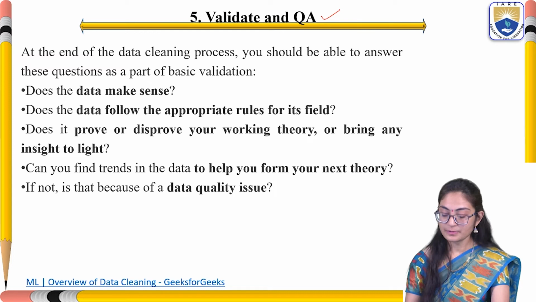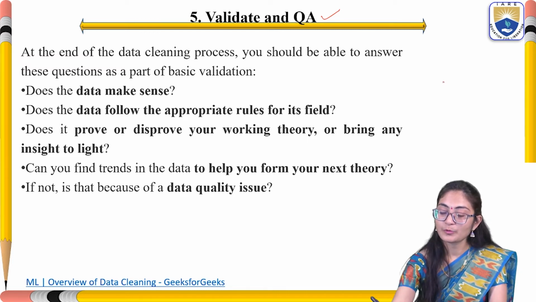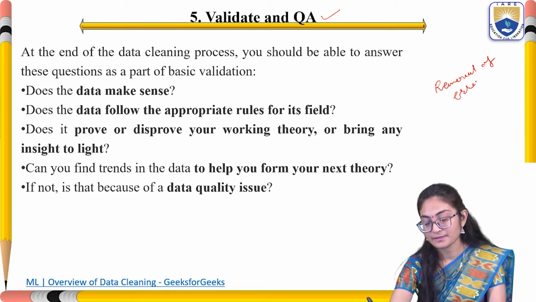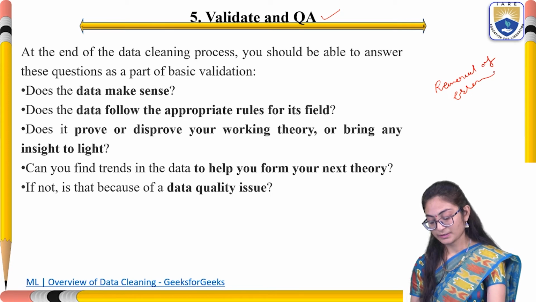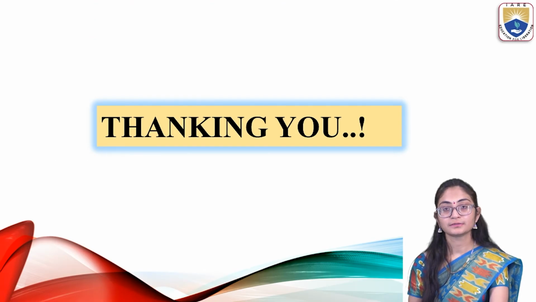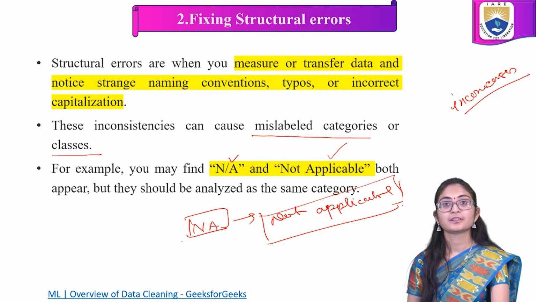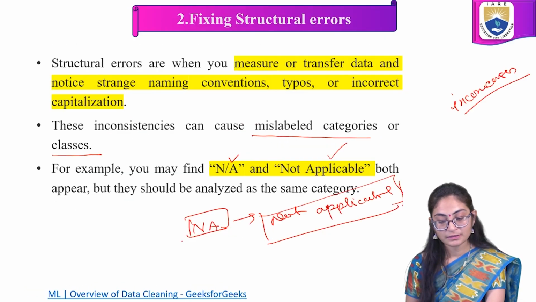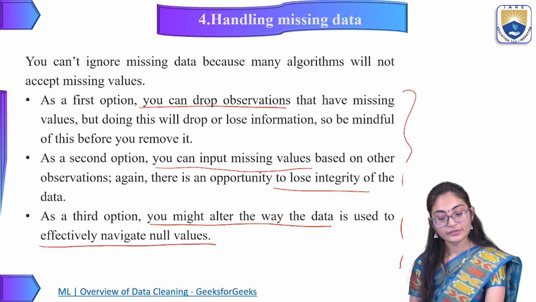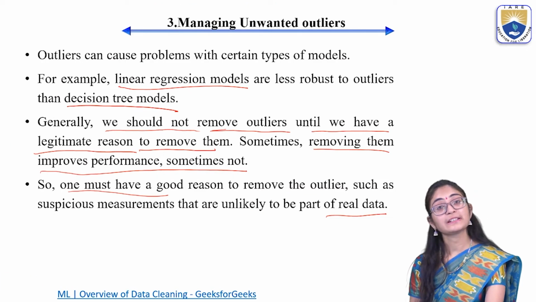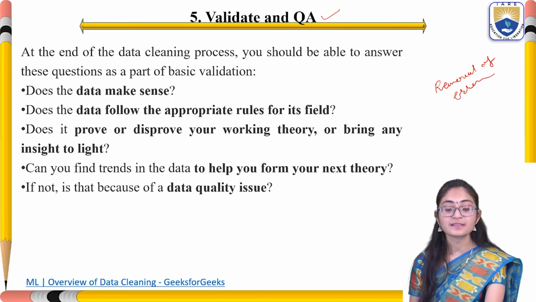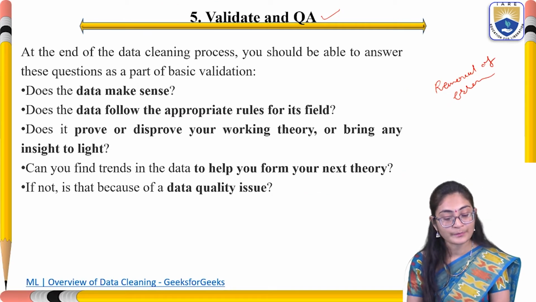The first four steps were removal of unwanted errors, then fixing unstructured data, then third, managing unwanted outliers, fourth, handling missing data. And the last one is validate and QA.